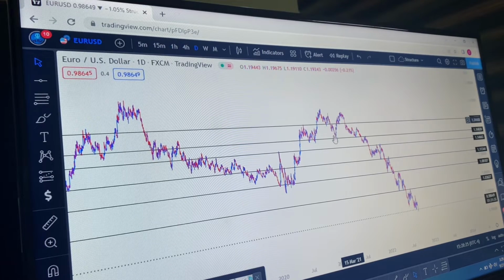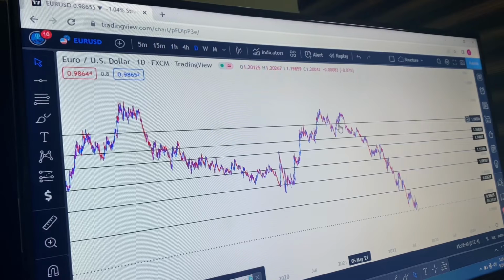What next? We broke support and we came back to what? To resistance. What happened next? We came down and we came back to what? To support again. We went up and we came back to what? Another support up here. Don't worry, all I've been saying is forex trading is more like a new language.